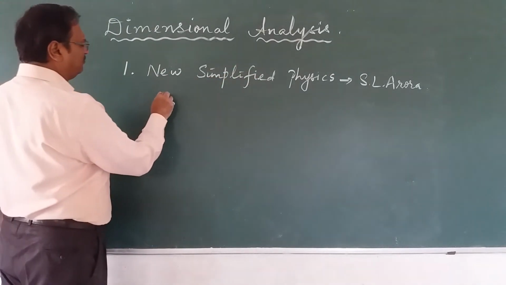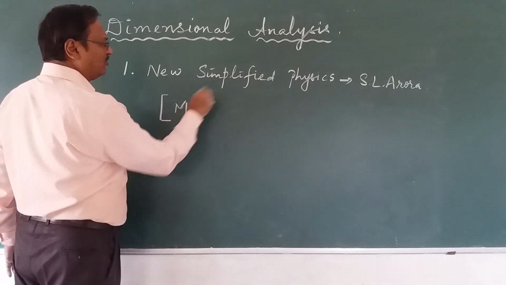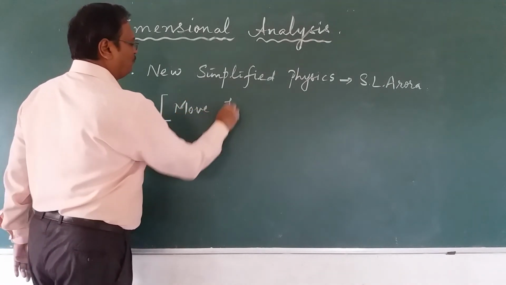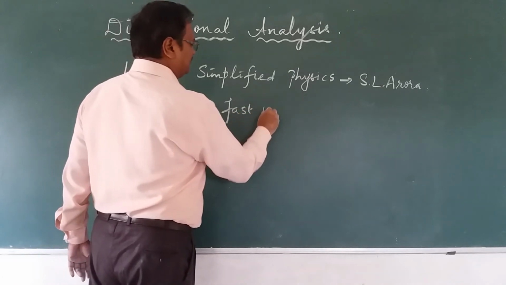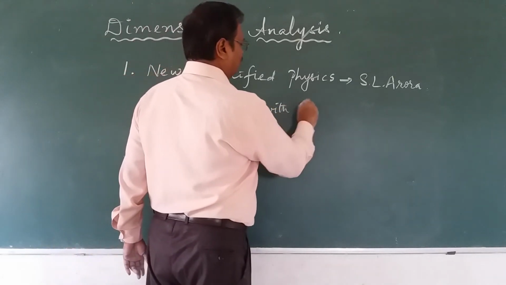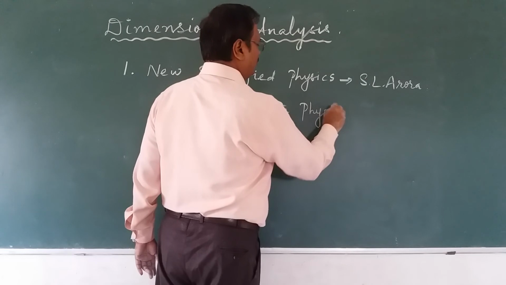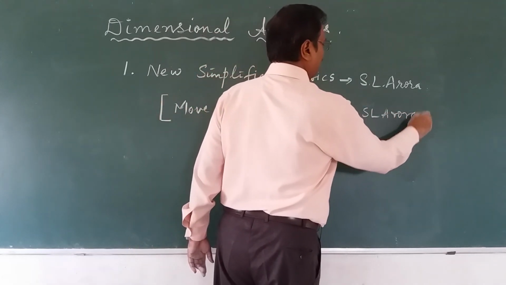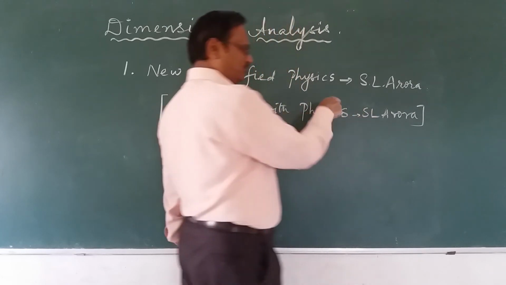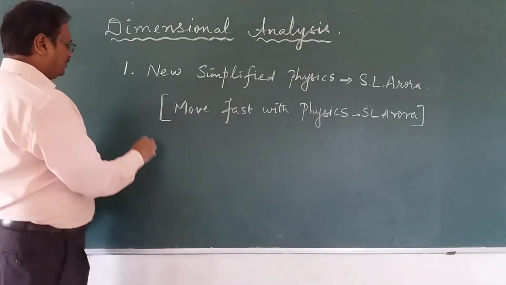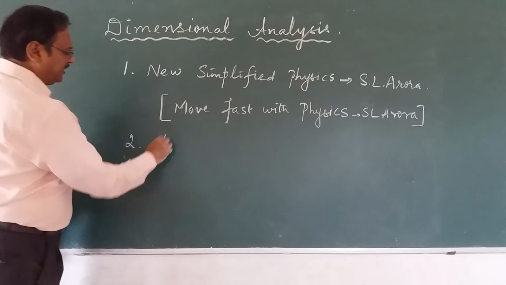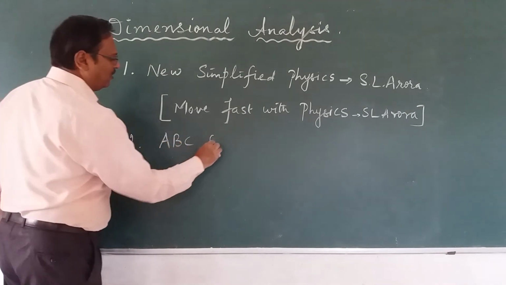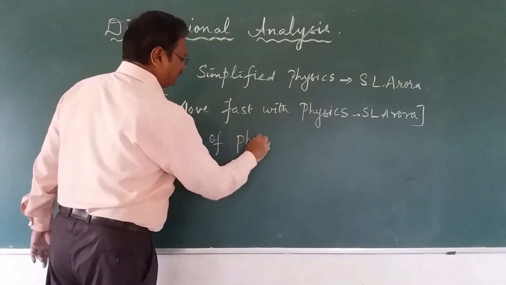But if you want a smaller book, by the same author, Move Fast with Physics, for those who focus on board exams, by S.L. Arora. You can use it; I refer to this book nowadays. Number 2, ABC of Physics.